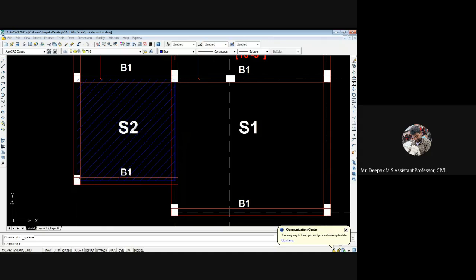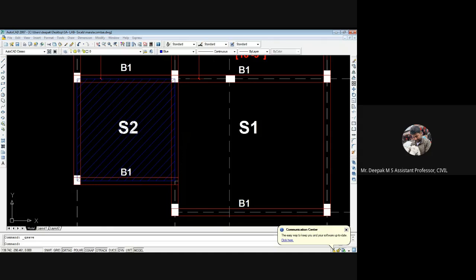Now the overall depth will be span by basic span to effective depth ratio value into 0.8, which is the modification factor since we are using Fe 415 steel and it is a continuous two-way slab. Now, the overall depth required is 102.5 millimeters.